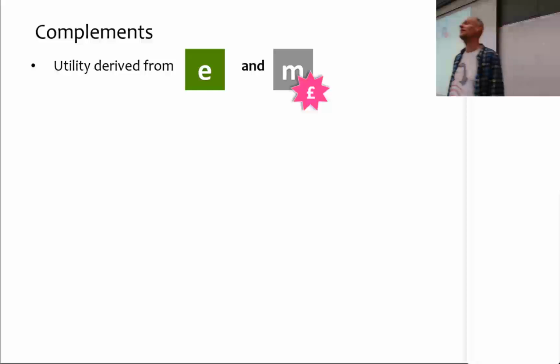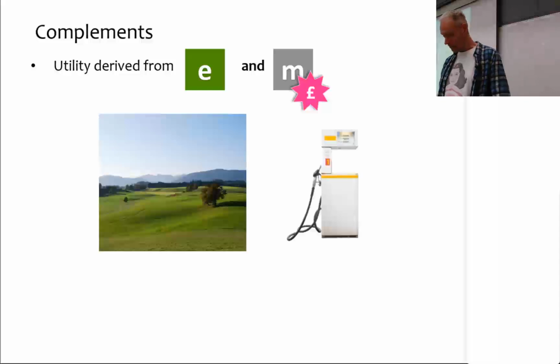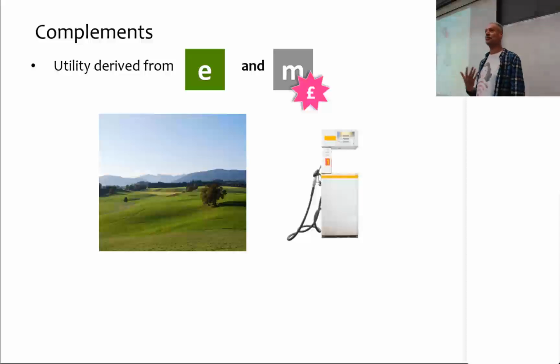The second group of methods is where the market is a complement to the environment. One example here is if you want to go visit the Downs. That's a terrible example. Most people, but not you guys, would need to drive here. You guys can just walk into the Downs, right? If you live on campus, it's a 2-minute walk to get into the nature reserve.